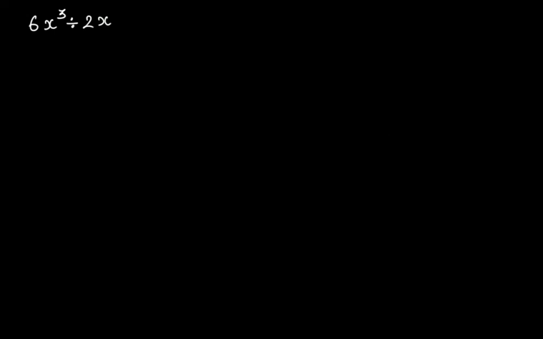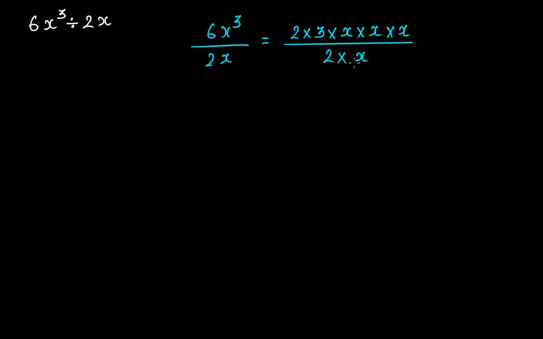Now this is 6x cubed divided by 2x. So we can write this as 2 multiplied by 3 multiplied by x multiplied by x multiplied by x divided by 2 multiplied by x.